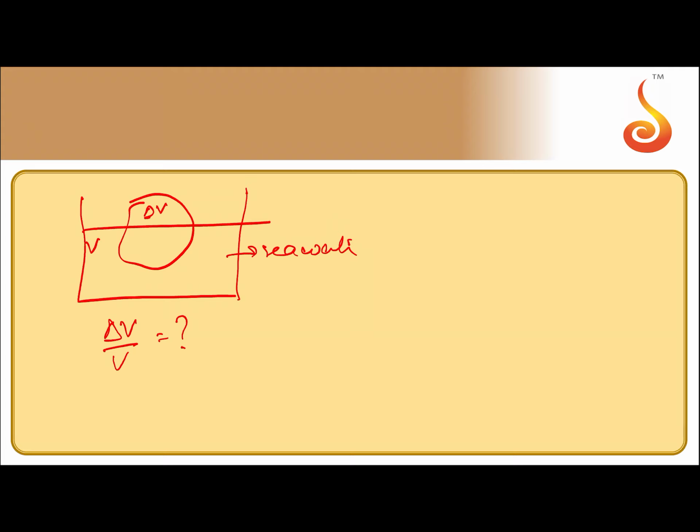Now, according to the laws of flotation, the weight of the iceberg is equal to the weight of seawater displaced. What is the weight of the iceberg? That is mg.